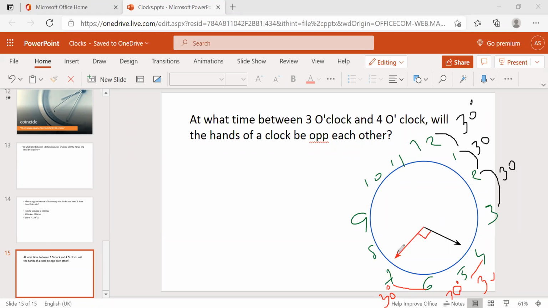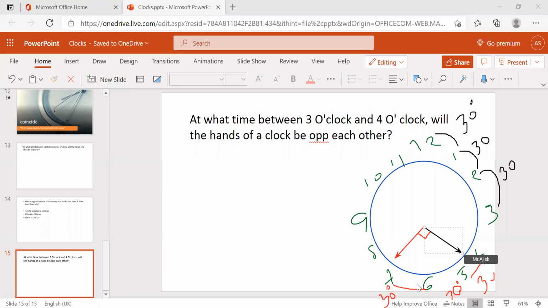But here at the time of 4:35, the minute hand will show exactly 7 only. But the hour hand will not be exactly at 4, it lies between 4 and 5, right?